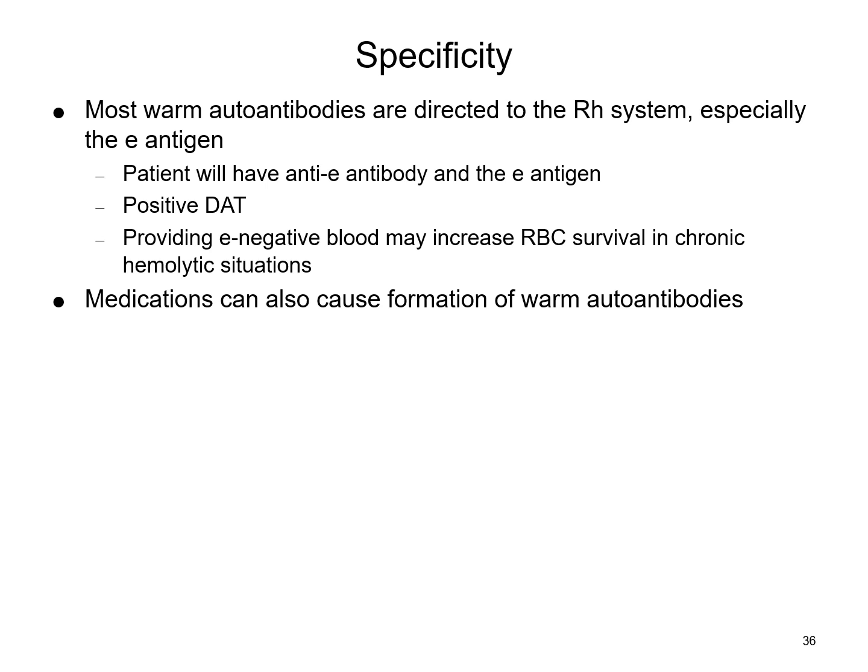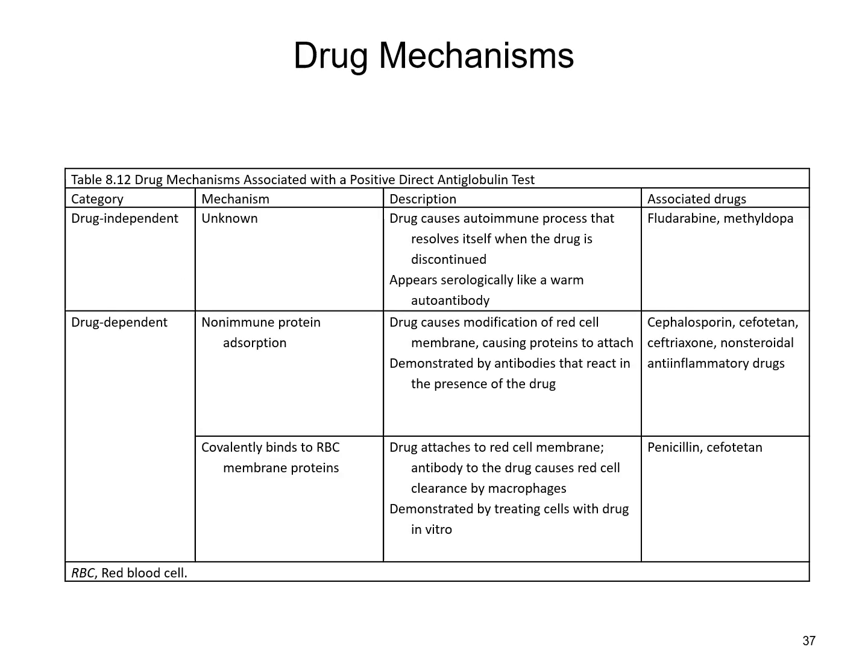Now, medications can cause formation of warm autoantibodies as well. So there are some drug mechanisms involved. And your textbook does list some of those that can cause some problems here. You may see it. A lot of times you're not even going to know that this is what the cause is. Usually you're going to end up sending this to the reference lab.